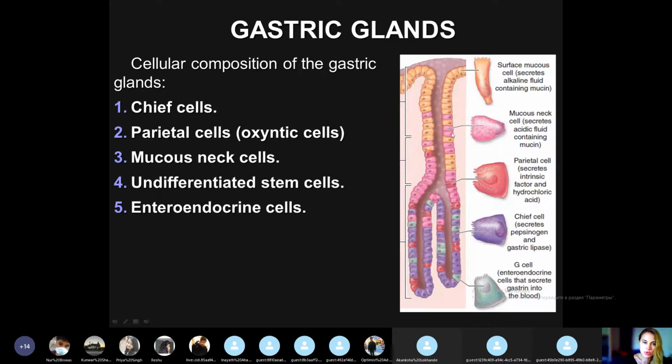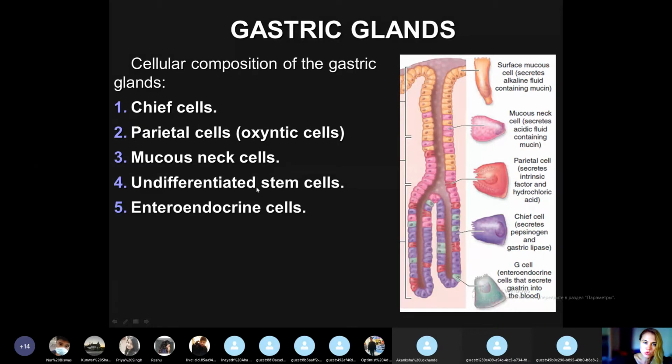Mucous neck cells are found in the neck region of the gland. They have light cytoplasm because of the mucogen granules. Undifferentiated stem cells are also found in the neck part of the gland. These cells are responsible for regeneration.